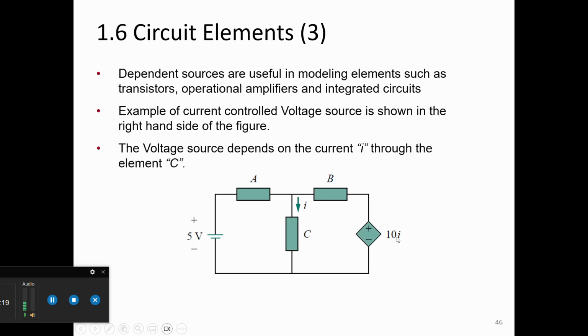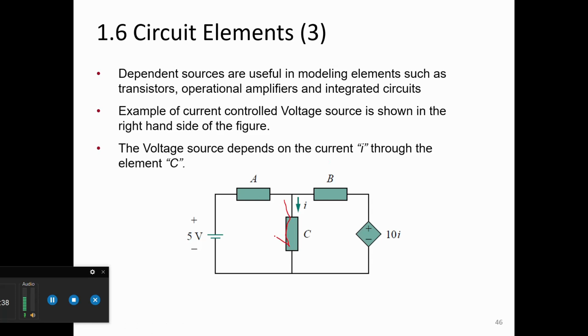So you can see this is a dependent voltage source, and it is controlled by this scaling factor of 10I, where the I current is the current going from here.